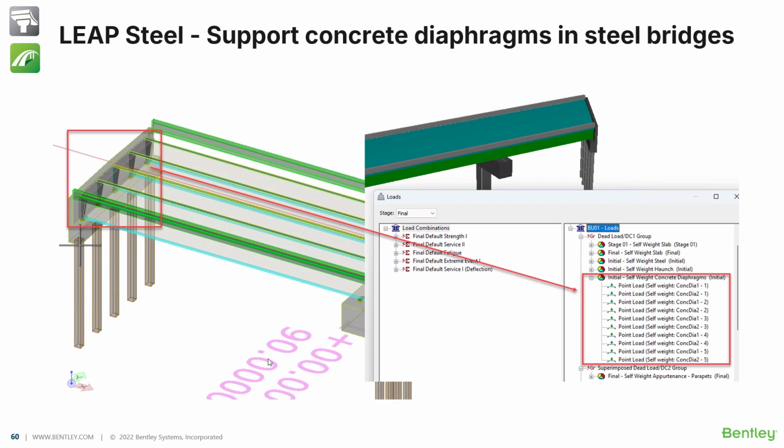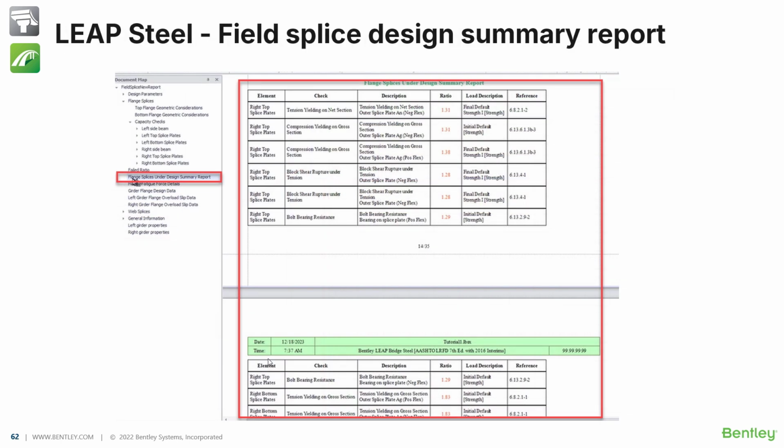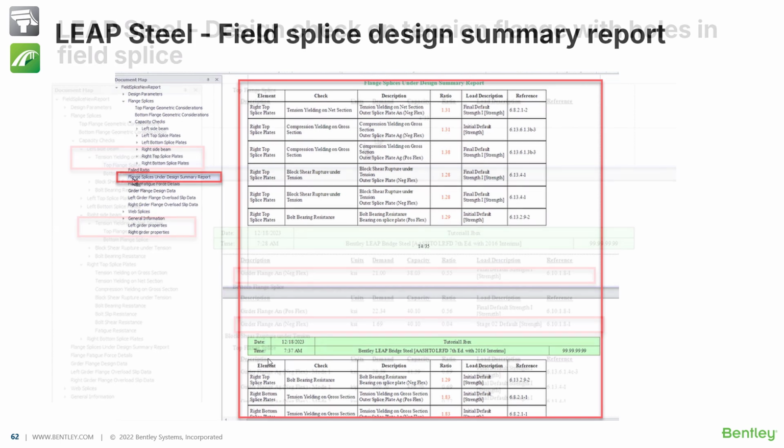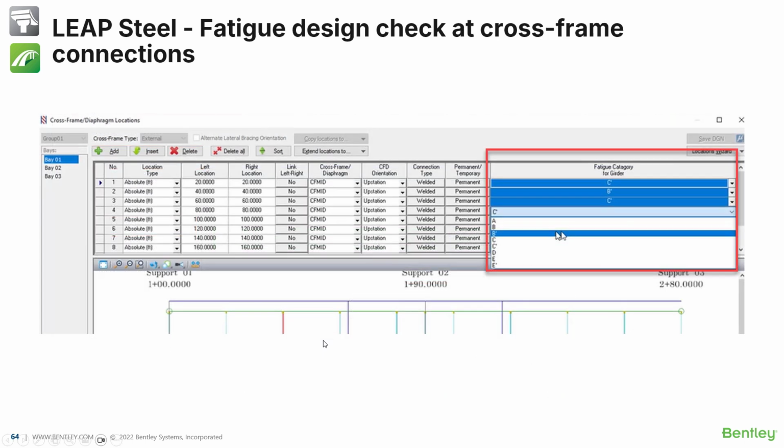For LEAP Steel, we now support the concrete diaphragms that you define in OBM in steel bridges. Some deflection check details at each point of interest. A field splice design summary report. And design check on the tension flanges too. More options too: fatigue design checks at the cross frames.